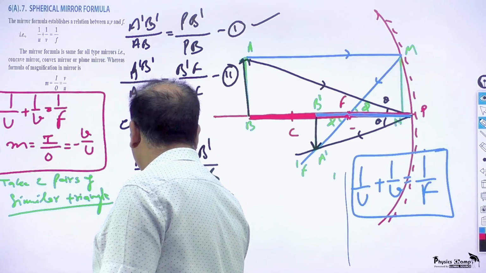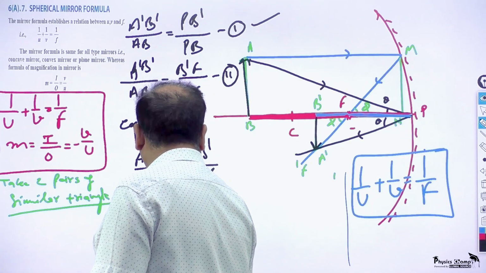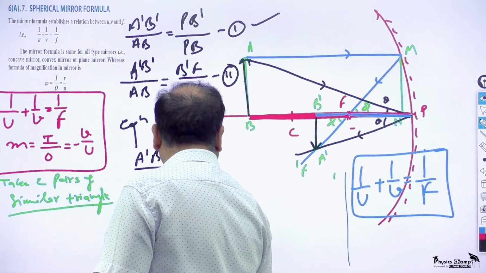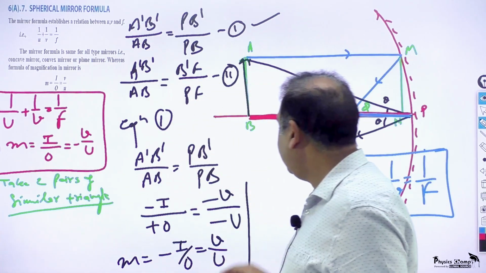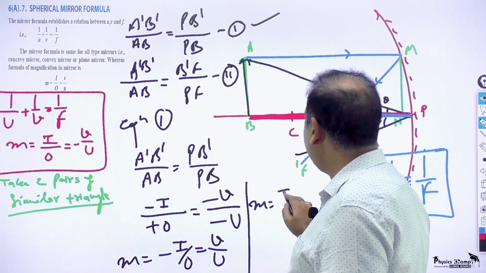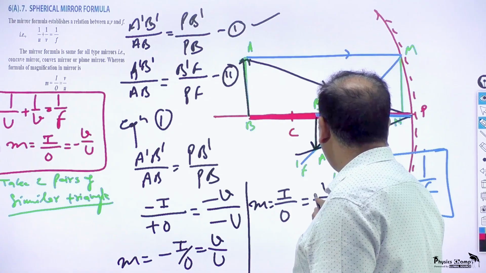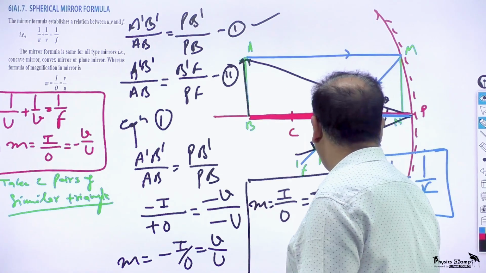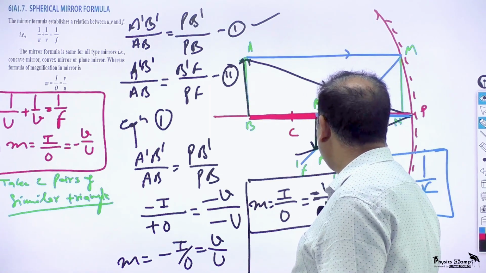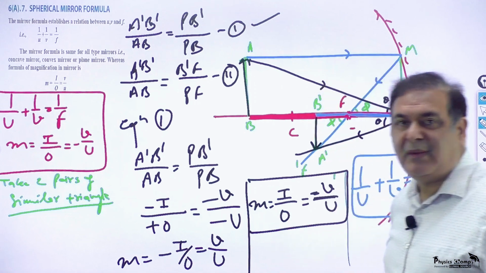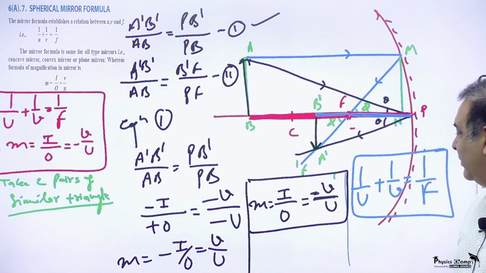I can say minus I by O is equal to V by U. But just remember, in mirrors, we'll use this relation as I by O is equal to minus V by U. In this form, we are going to use it. So this minus sign we will keep along with V by U, not with I by O. This will help you a lot.